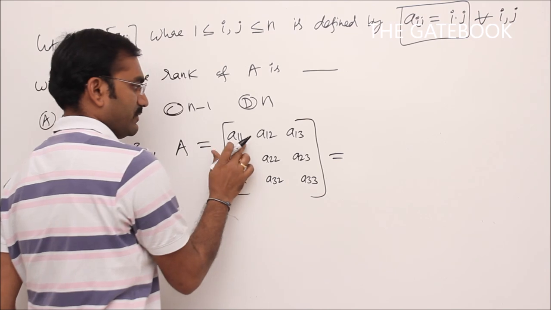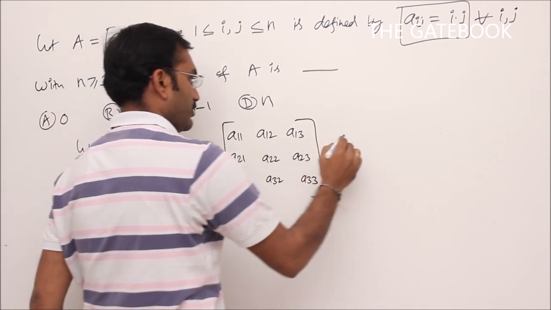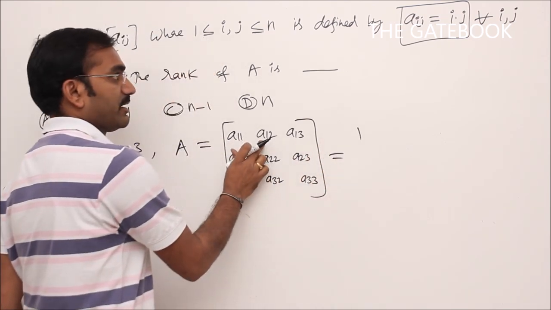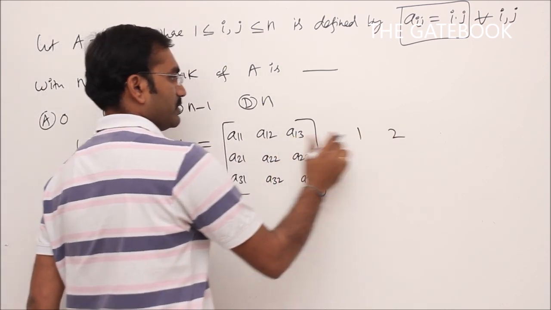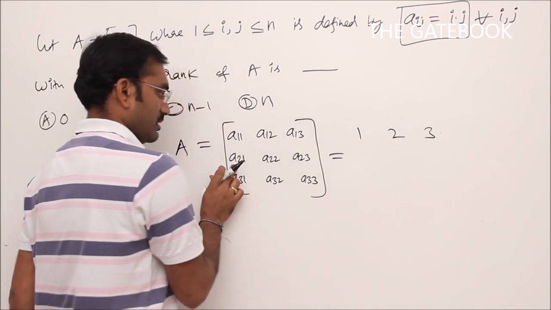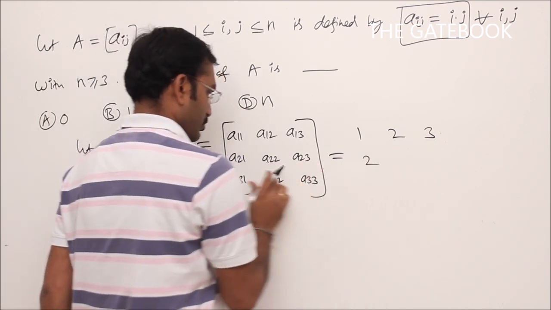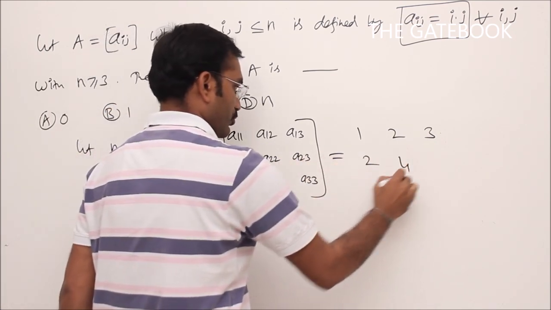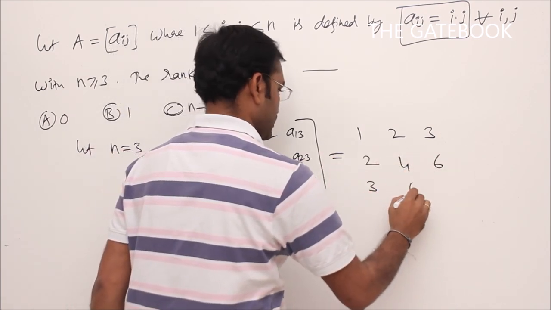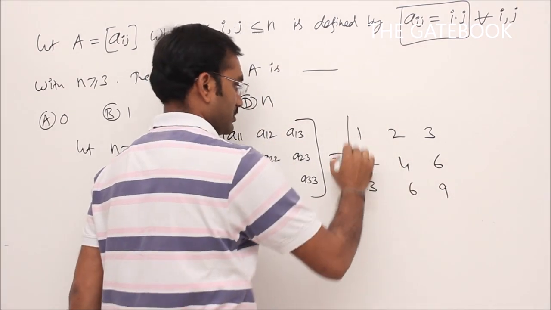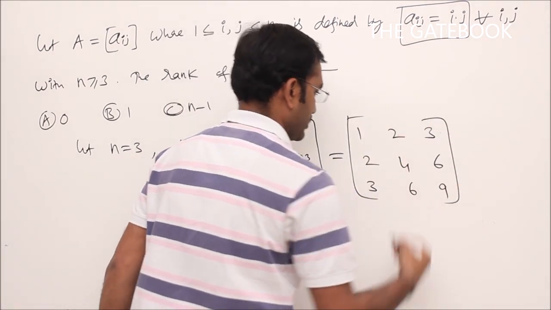Here i value 1, j value 1 for the first element, so 1 into 1, 1. For the second element i into j, 1 into 2, 2. For the third element 1 into 3, 3. This element 2 into 1, 2. 2 into 2, 4. 2 into 3, 6. So like that we'll get 3, 6, 9.